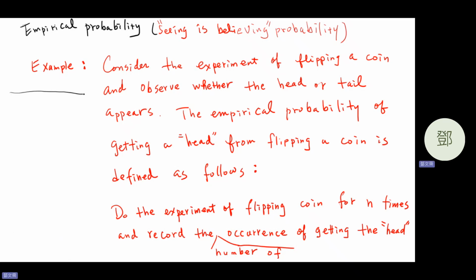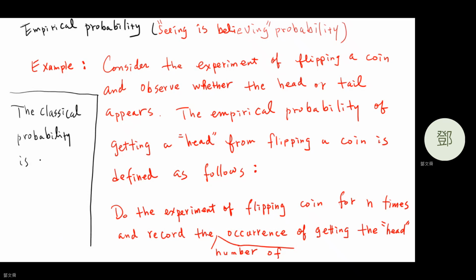The classical probability is called God's probability.